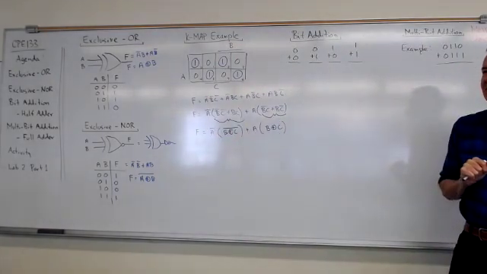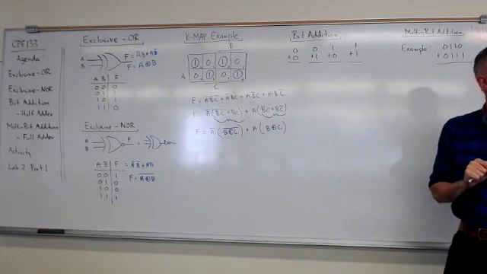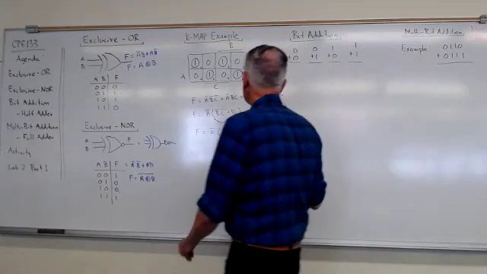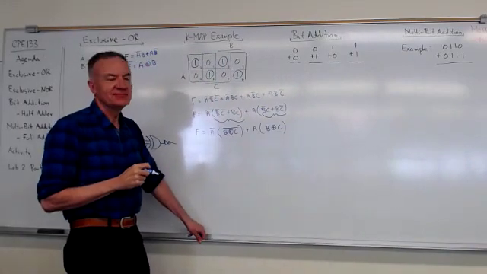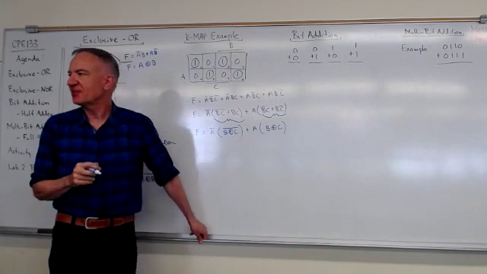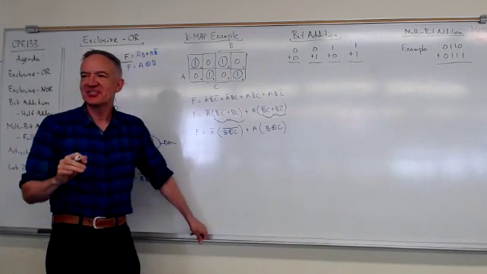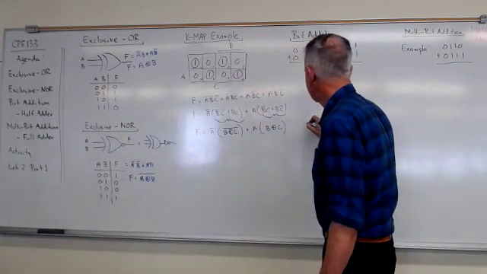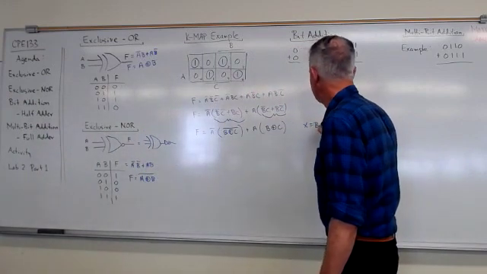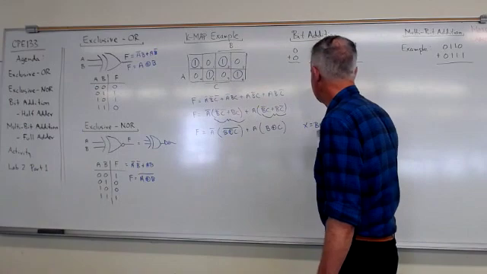Can I go further? Can I reduce further? What if I did this? What if I used a dummy variable? You use dummy variables, like in calculus, where you just assign a variable as a kind of placeholder. What if I set X to B exclusive OR with C?